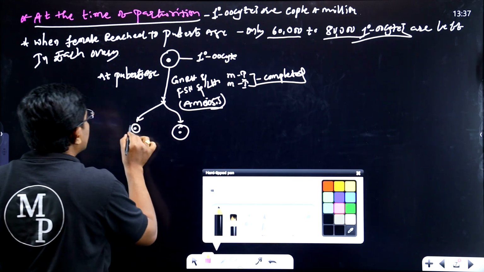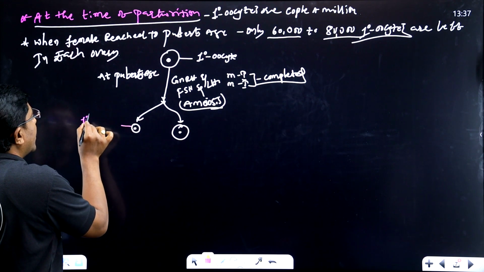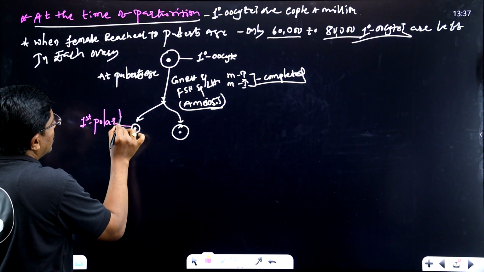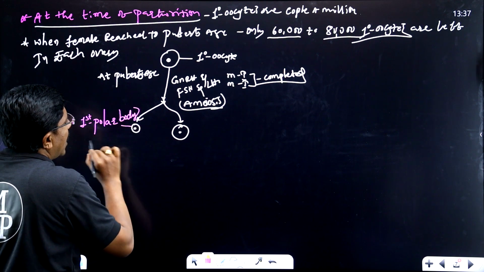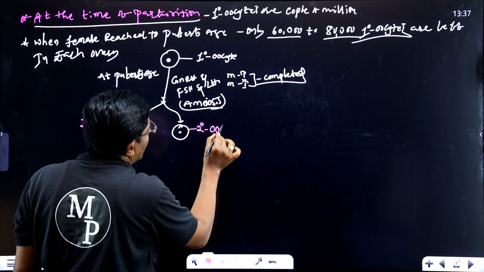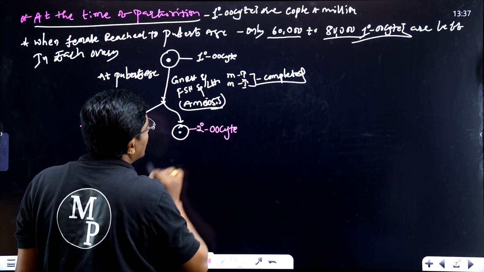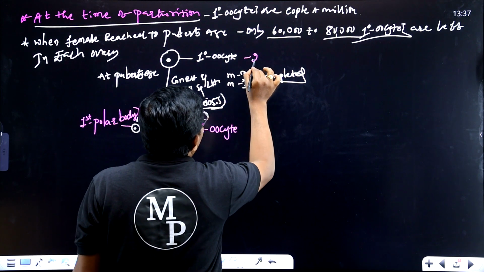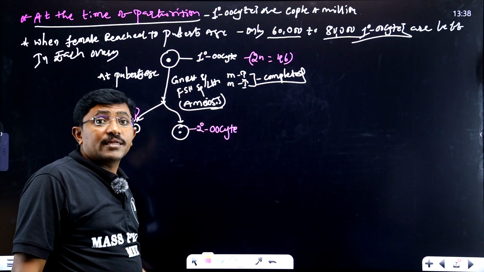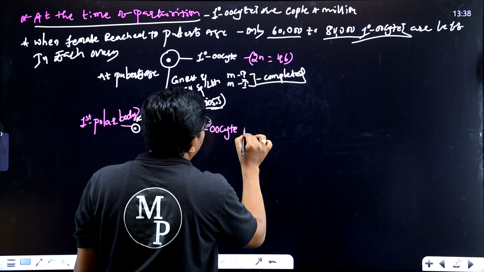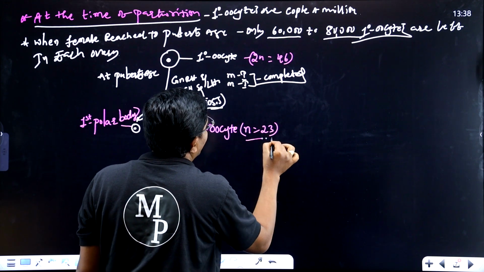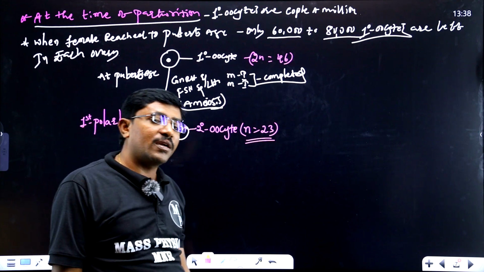The small one is the first polar body and the large one is the secondary oocyte. The primary oocyte is diploid, and the secondary oocyte is haploid in nature, meaning 23 chromosomes are there after meiosis 1.